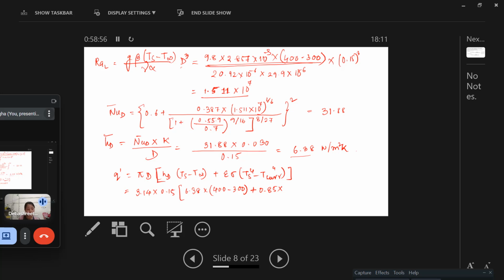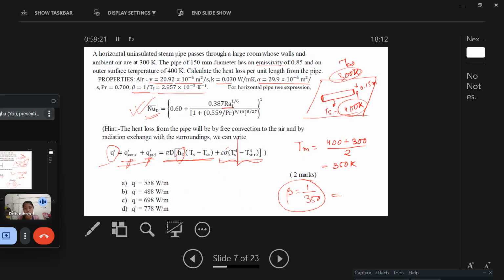The value of the Stefan-Boltzmann constant is 5.67 into 10 to the power minus 8, into (400 to the power 4 minus 300 to the power 4), bracket close. So if you calculate all this, we get the answer as 698 watt per meter. So option C is the right answer.